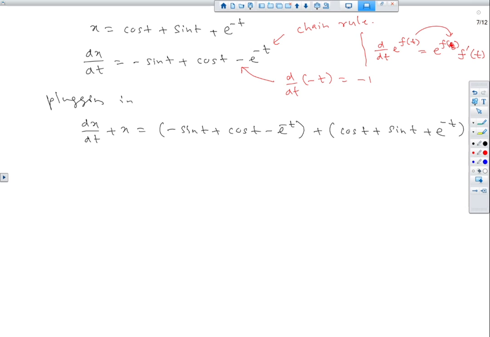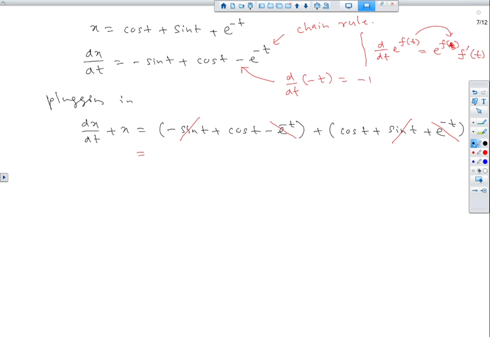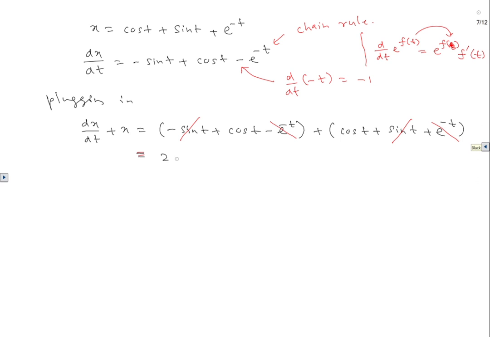Then you can see some of the terms get cancelled: the sine terms, and also the exponential function. You simply end up getting twice cosine t. That means it satisfies the differential equation. You get the right side.